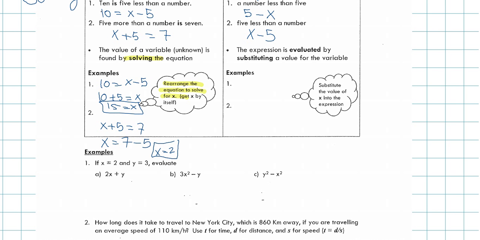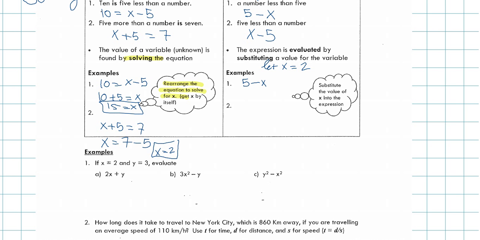However, for the expression, there is no way that I can move things around, as I said earlier, so they must give me a value for me to be able to evaluate. So I'm going to say here, let x equal 2. Okay? So for the first expression, 5 minus x, you're going to evaluate it if x equals 2. This value, I usually give it to you, or if you're doing a table of values, you're going to pick that value. But in this case, I gave it to you.